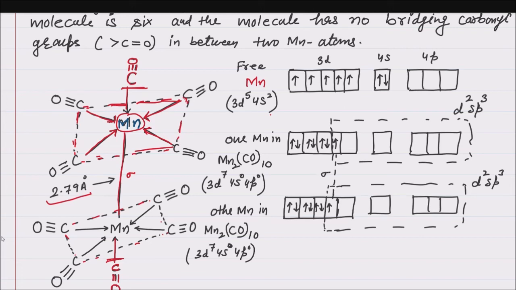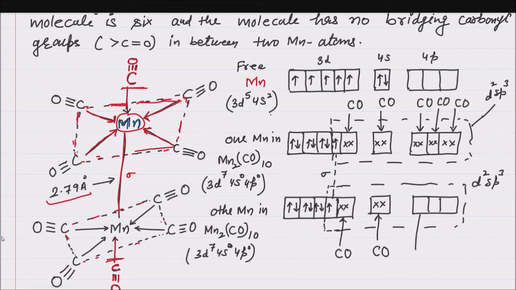Now, the 5 d2sp3 hybrid orbitals on each manganese accept a lone pair of electrons donated by the carbon atom of the 5 terminal carbonyl groups, and they form 5 Mn-CO coordinate bonds. A total of 10 coordinate bonds are formed like this. So we see all the electrons are paired in Mn2(CO)10, hence the molecule has diamagnetic character.